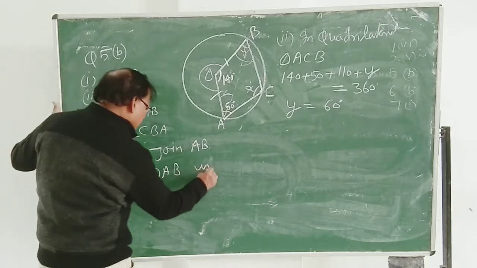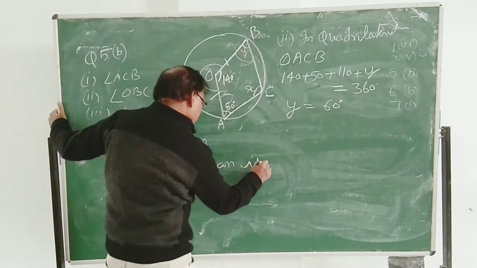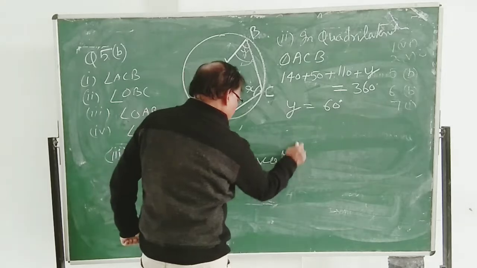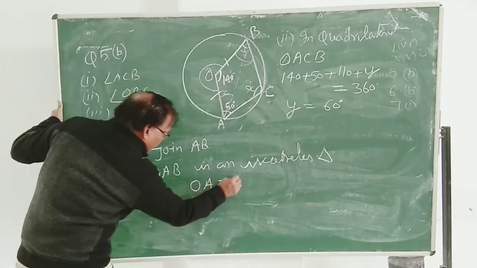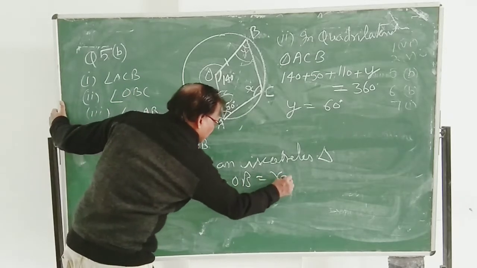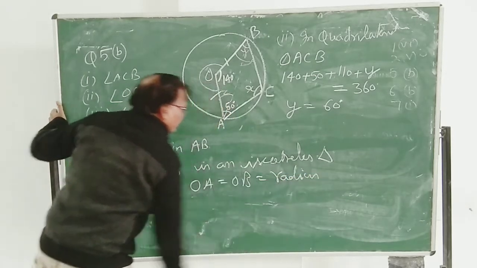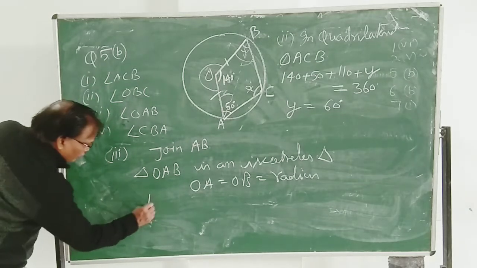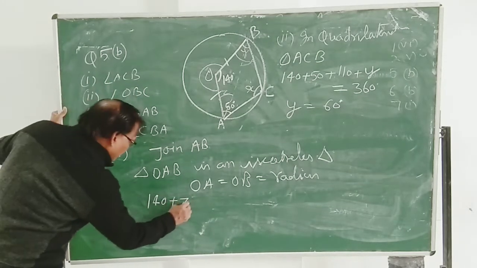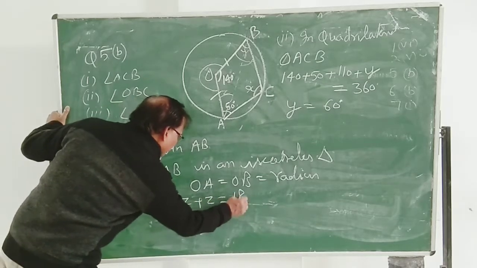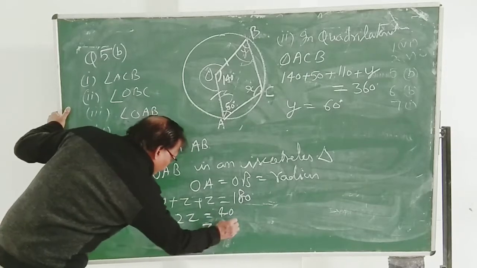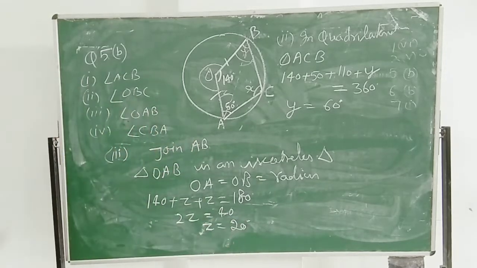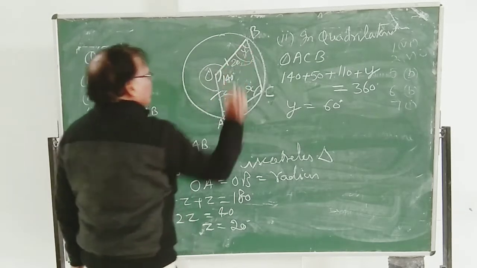So OAB is an isosceles triangle because OA is equal to OB is equal to radius. Then 140 plus 2Z is equal to 180. So 2Z is equal to 40, or Z is equal to 20. So the value of Z is this. If Z is 20, so this is also 20.